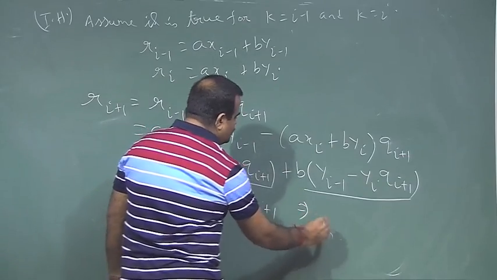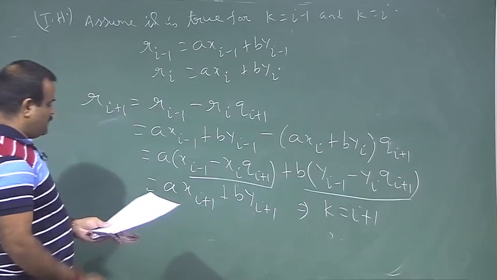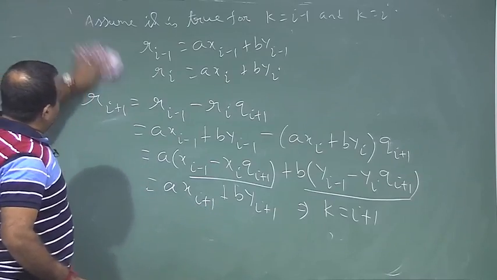So this implies the statement is true for k equal to i plus 1, and hence the statement is true for all k.